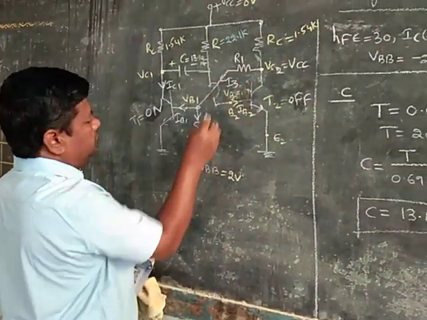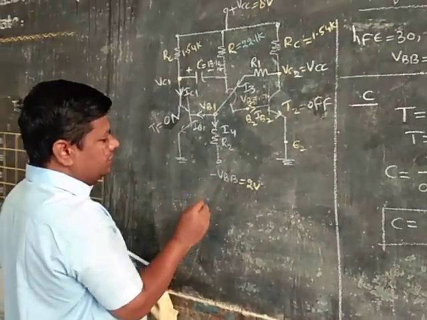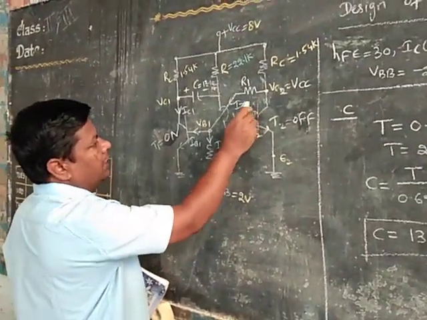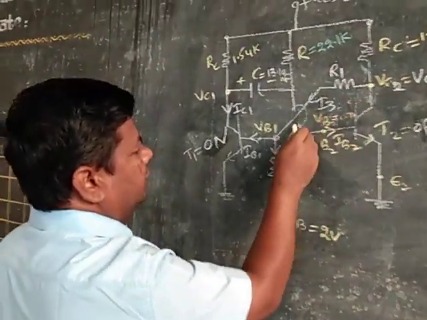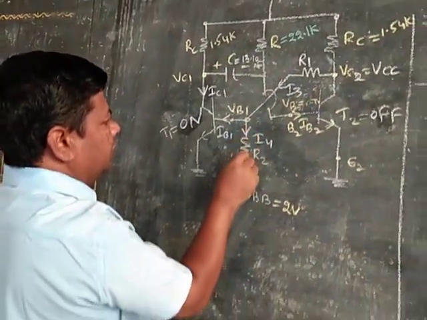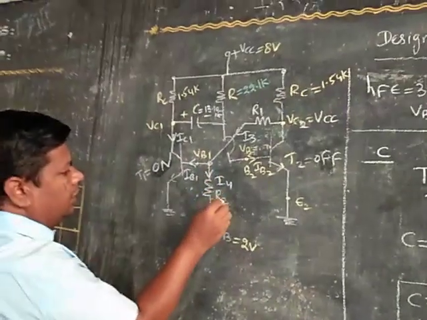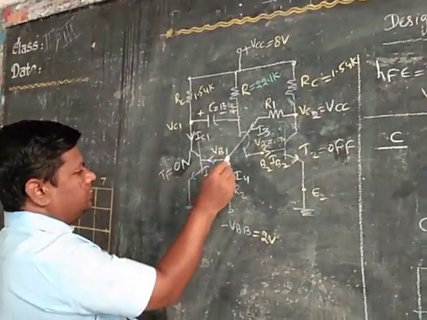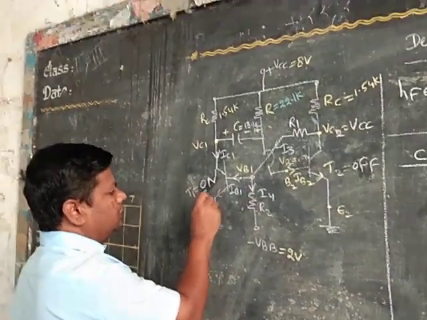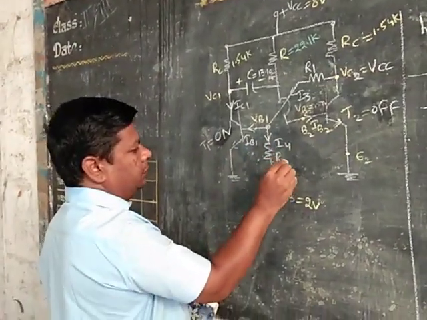To calculate R2, consider the semi-stable state, and the current directions are, this is the current flowing here, I3. The current is divided into IB1 current and I4 current. Now T1 transistor on, so there is a current that flows through this. Now I4.